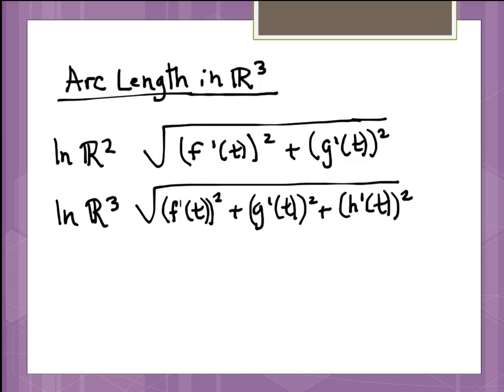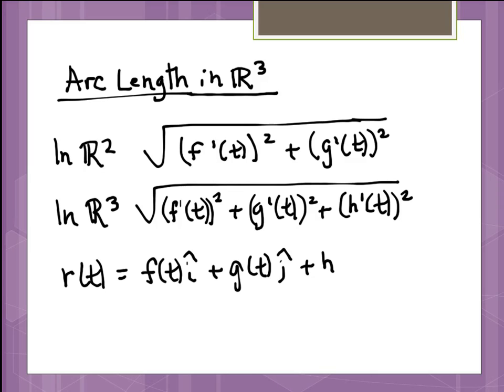This is coming from our formula r of t, where it's f of t times i, g of t times j, and h of t times k that we had before. So that's where those h, g, and f are coming from.